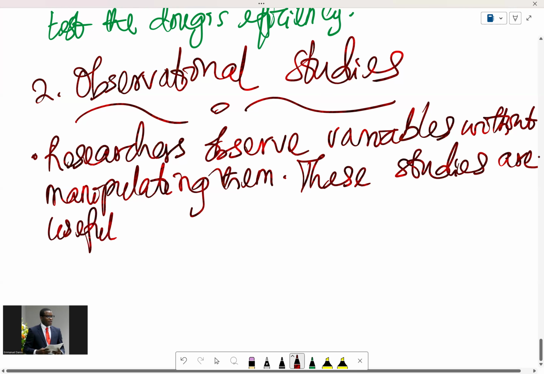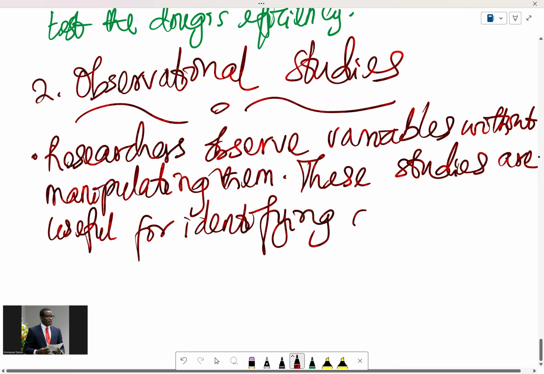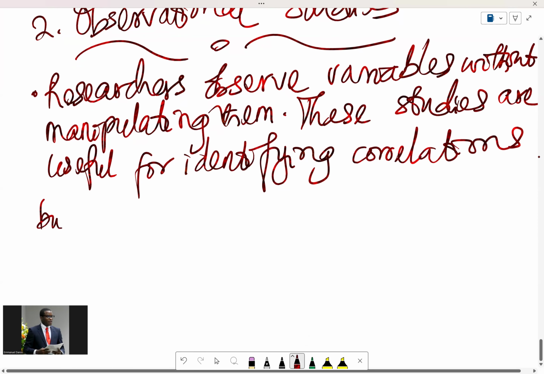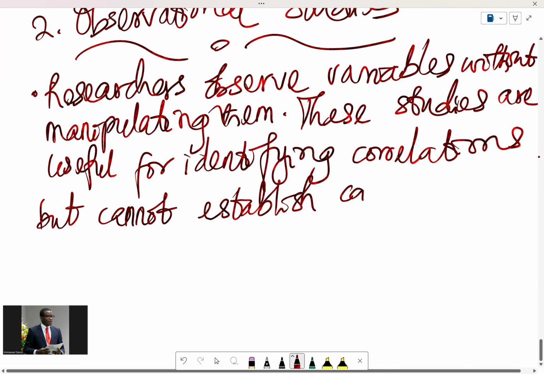These studies are useful for identifying correlations, but cannot establish causality.